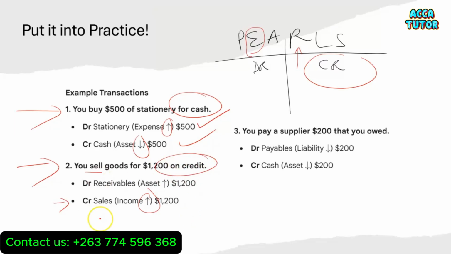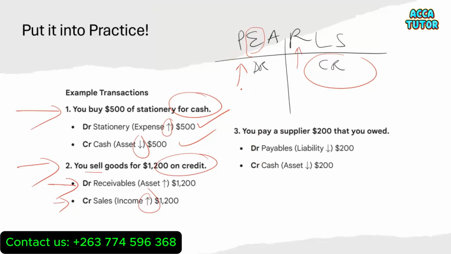So if there were sales on credit, it means that a certain asset has resulted, not cash this time, but the receivables. Receivables are our credit customers. So we are going to debit a certain asset. This asset is called receivables. So we are debiting. Why are we debiting? Because these guys are increasing.